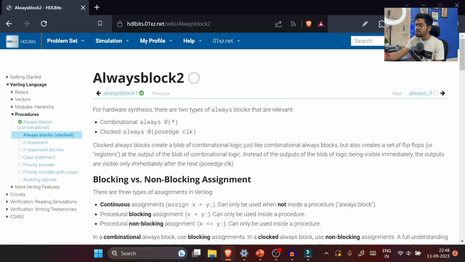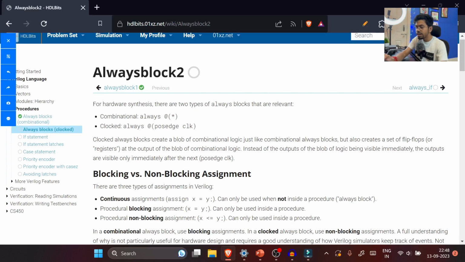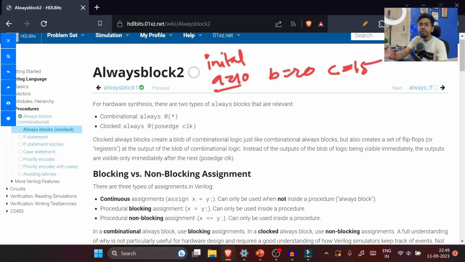Okay, let us quickly see one example. Say I have three variables: A equal to 10, B equal to 20, and C equal to 15. I have initialized them inside an initial block. An initial block is a procedural block, so your A, B, C will become a variable type, a reg type.